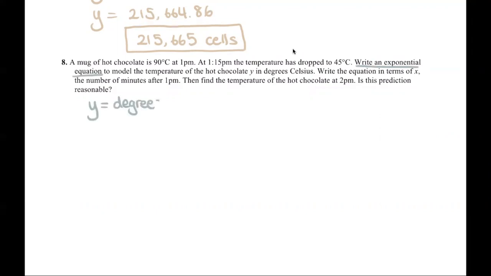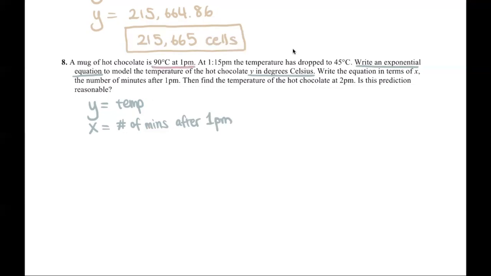All right. So I'm going to actually write this all out so it's a little easier to understand. So y is going to be the temperature of the hot chocolate. That's what they told us right here. And then x is going to be the number of minutes after 1 p.m. Which means that this 90 degrees Celsius is our initial temperature, right?